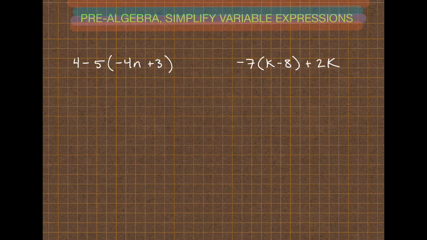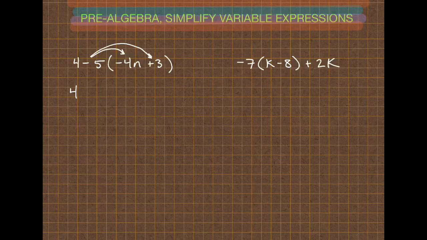Okay, next set of problems. We could bring that 4 down. Now I want to show you guys this. You can't simplify this portion because this 5 is attached to this parentheses here. This 5 is attached to everything here, so you have to distribute this -5 in. So what we're going to do is just bring down this 4 and then distribute the -5 like so.